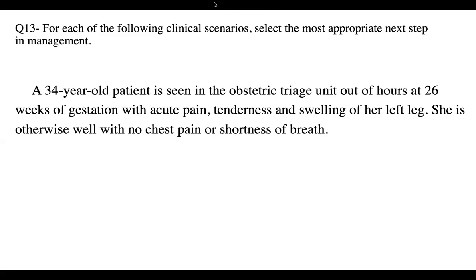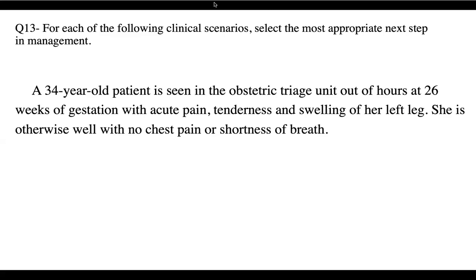So if I ask you, my dear friends, what is the recommended investigation in this case? This will be the Doppler, the duplex ultrasound on the leg, of course.